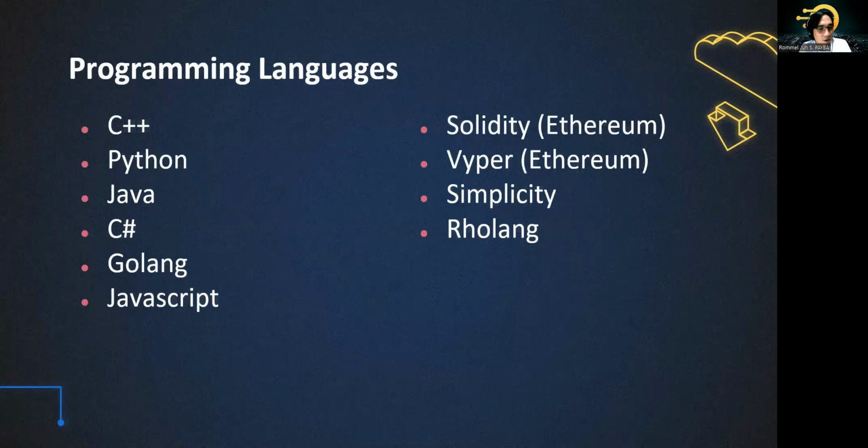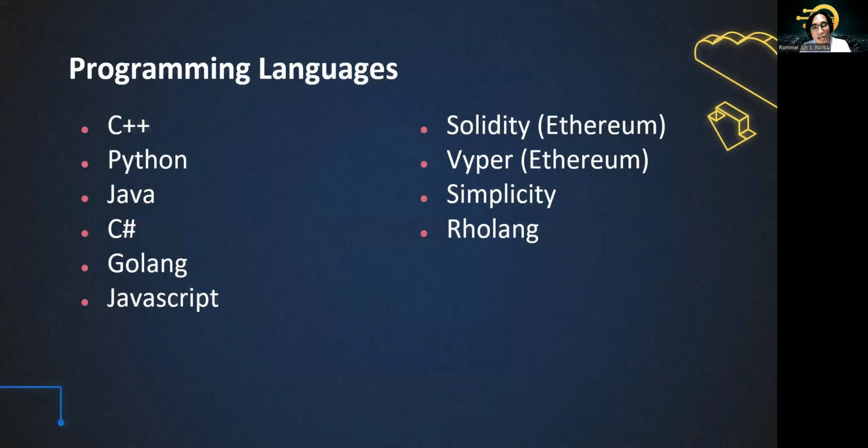On the left, we have our popular general purpose programming languages. On the right, we have specific languages to blockchain development, such as Solidity and Viper, that were created to program smart contracts running on the Ethereum blockchain.